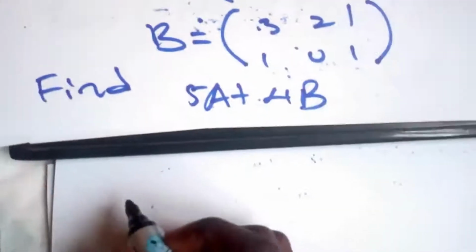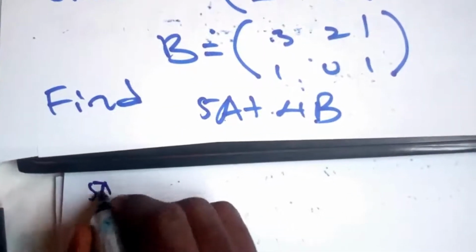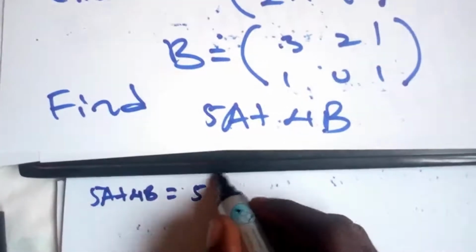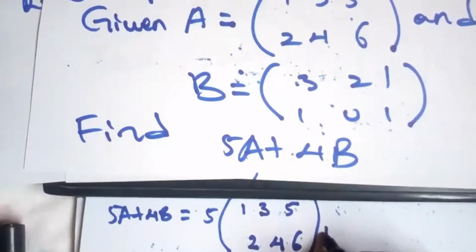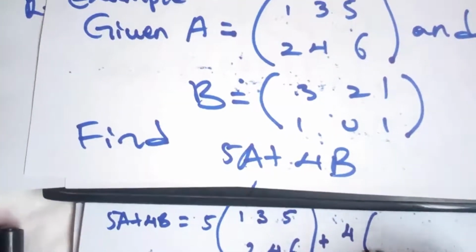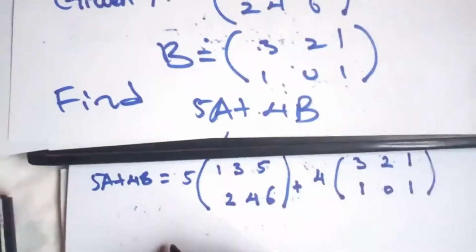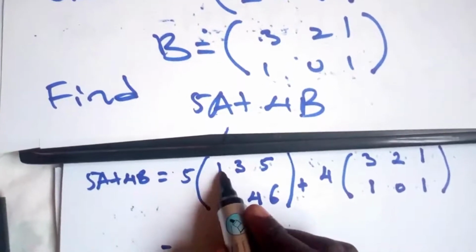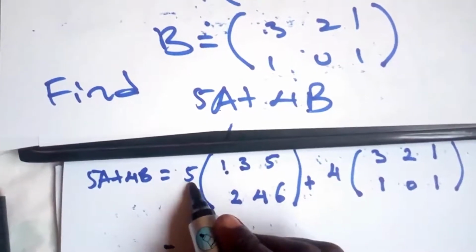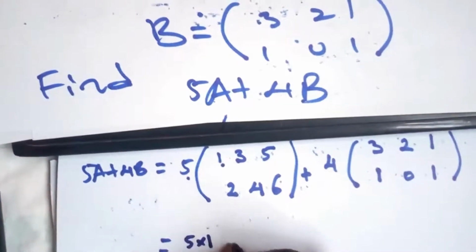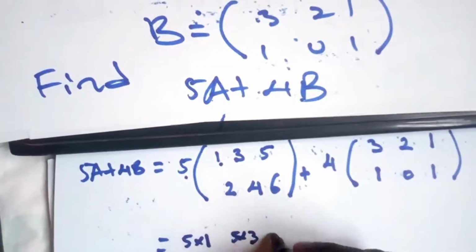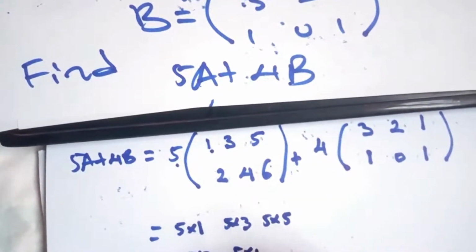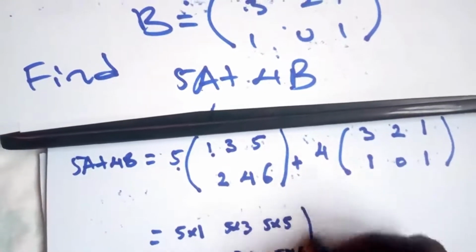So I'm going to have 5A plus 4B as 5 into matrix A plus 4 into matrix B. So this one is going to be, we multiply each entry, each element in this matrix by the scalar. So it's going to be 5 times 1, 5 times 3, 5 times 5, 5 times 2, 5 times 4, 5 times 6.